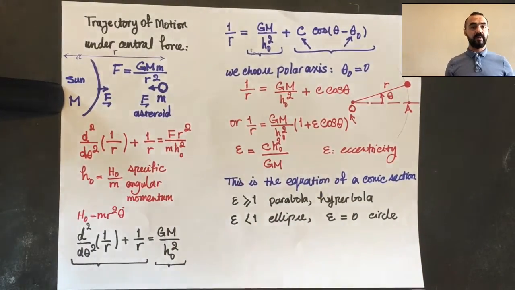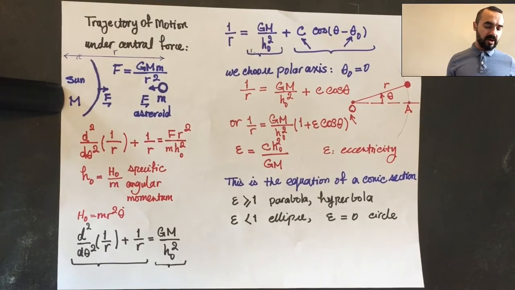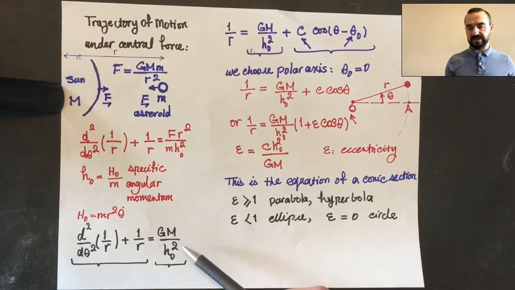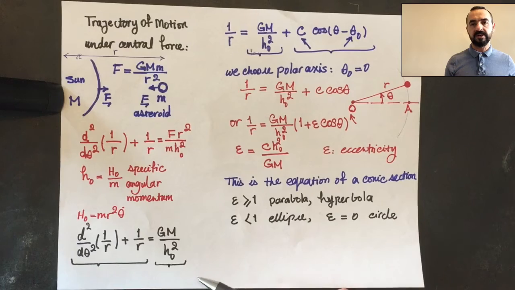What is the good thing about this? The good thing about this equation of motion is that now on the right hand side, if you pay close attention, we don't have any r. The parameter r does not appear on the right hand side.